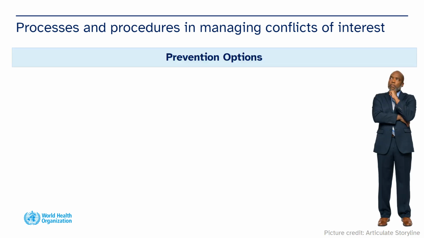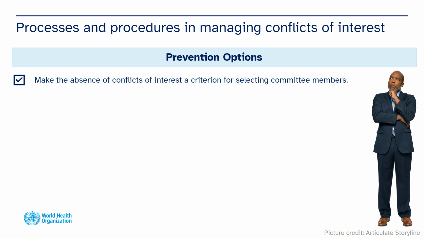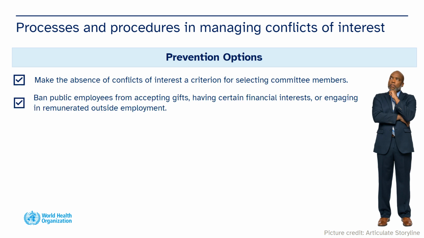Let's look at options to prevent conflict of interest situations from arising in the first place. These options include: make the absence of conflicts of interest a criterion for selecting committee members. Ban public employees from accepting gifts, having certain financial interests, or engaging in remunerated outside employment.